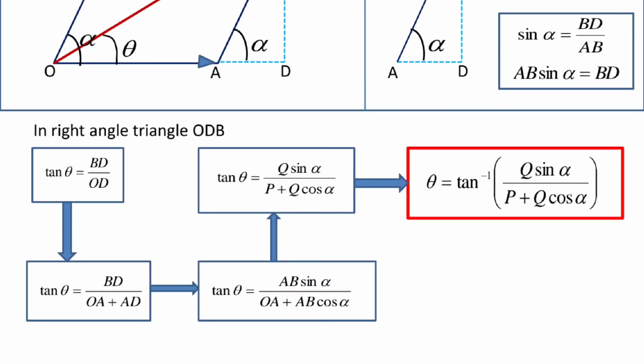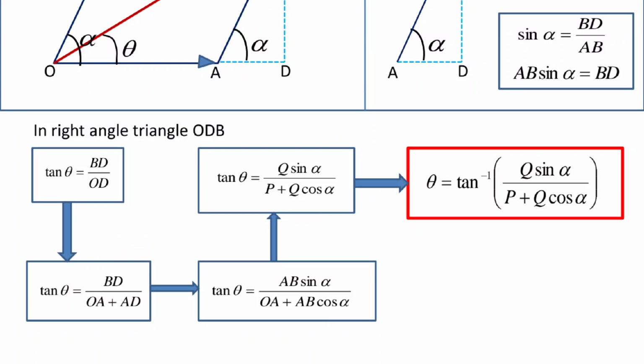Now, from figure it is clear that OD is OA plus AD. Therefore, the equation becomes tan theta is equal to BD upon OA plus AD.